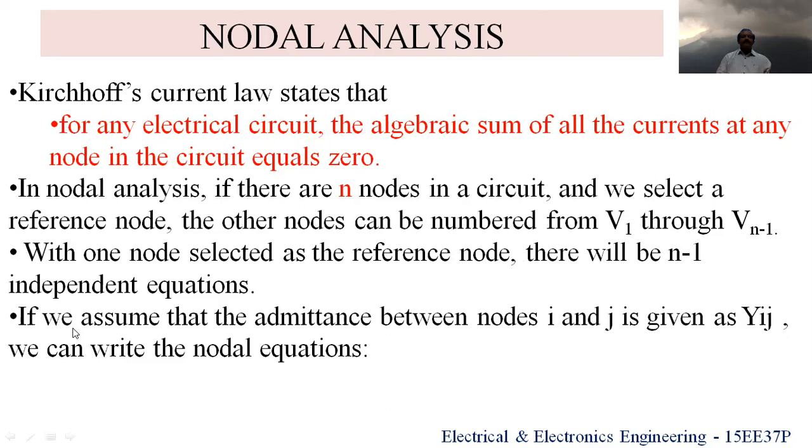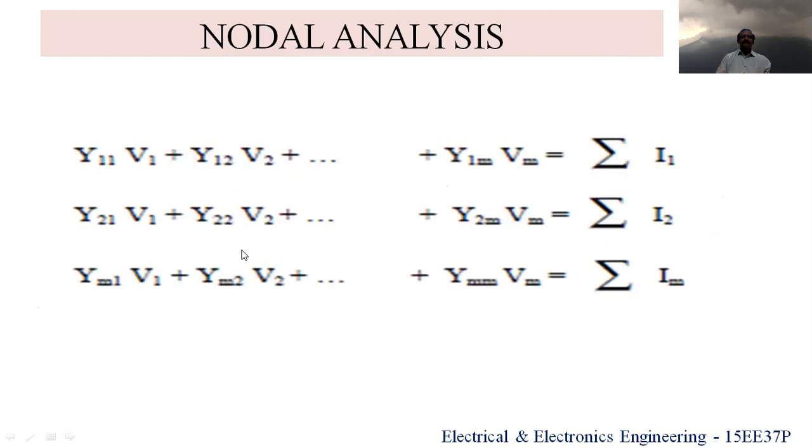If we assume the admittance between nodes i and j is given by yij, we can write the nodal equations as follows. y11 into v1 plus y12 into v2 and so on, plus y1m into vm, is equal to the sum of I1.